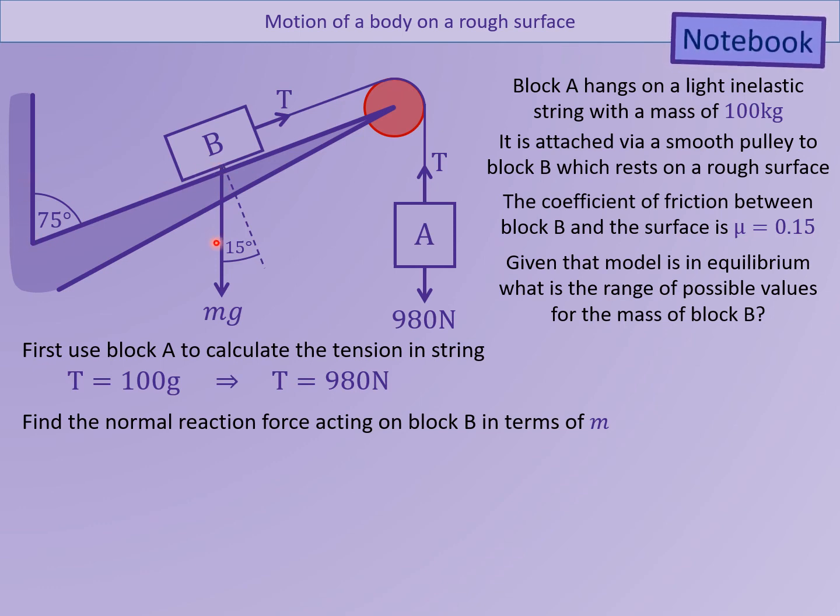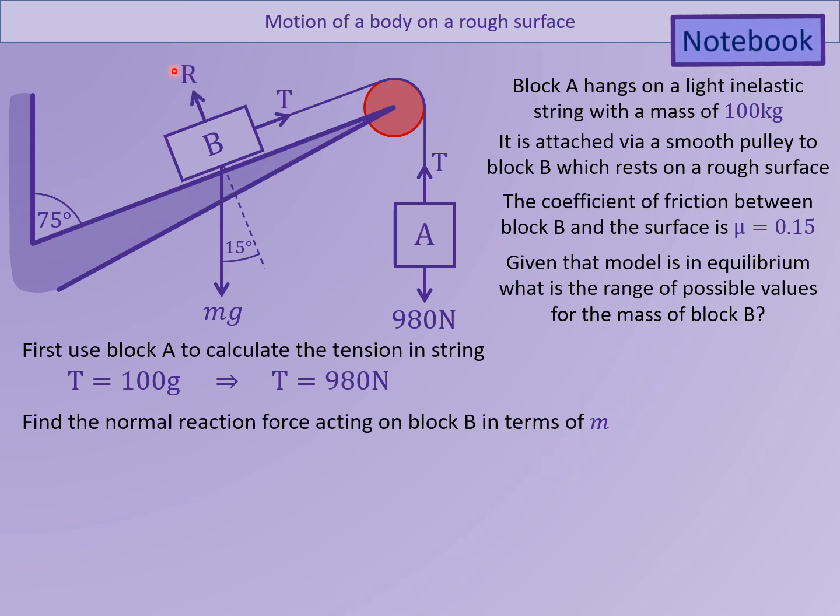The alternate angles, so we can see that will be 75. So you can either have 75 or you can have the 15. It's your choice, you're getting the same answers. We can work out how much of that weight is pulling into the slope and how much is pulling down the slope, perpendicular and parallel. So we can sort that out in a minute.